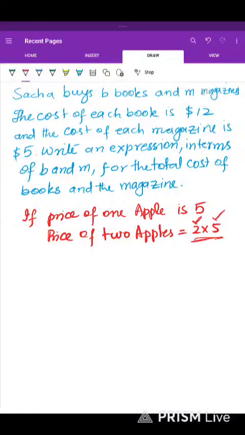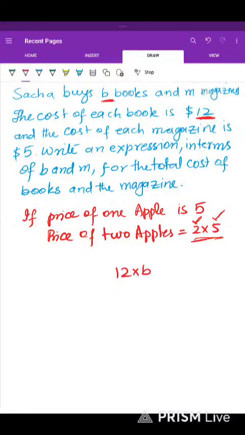Now here, you know that the quantity of books is B, and the price of each book is 12. So 12 and B will be multiplied: 12 multiplied by B, because 12 is the price and B is the count of the books.